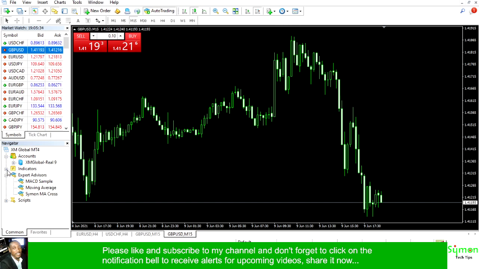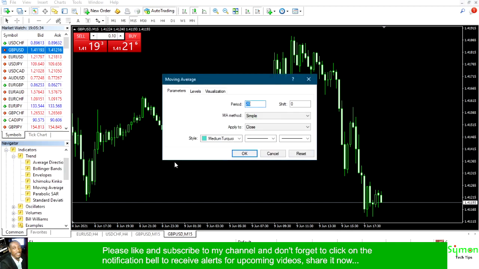You can find the moving averages in the Navigator. So I come to Indicators, Trend, then I have Moving Average. Just drag and drop it. The first one we're going to put on the chart is the 20 period moving average.